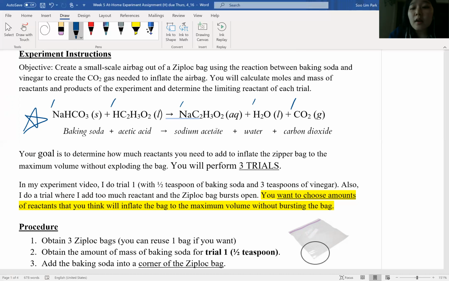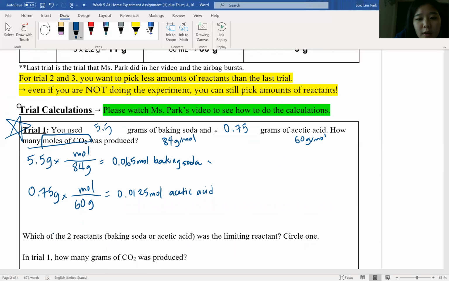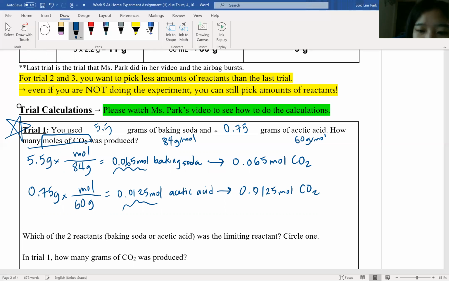So there's no need for us to put anything down except that everything's a 1 to 1 mole ratio. If we use this many moles of baking soda, that means we created 0.065 moles of CO2. And for acetic acid, since we used this much, we would create the same amount of moles of carbon dioxide. All right, good.